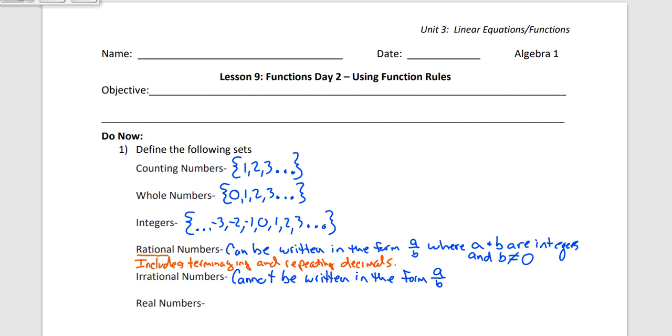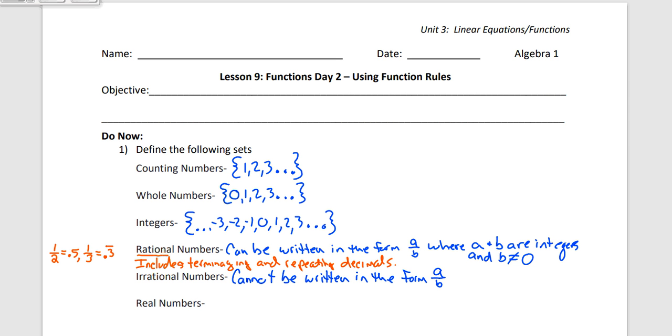Some people are shocked that repeating decimals are here. I'm just going to give you some examples. Definitely 1 over 2 is written in the form of A over B, right? And the decimal form of this fraction you all know to be 0.5. 1/3 obviously is written in the form of A over B, and the decimal form is 0.3 repeating, right?